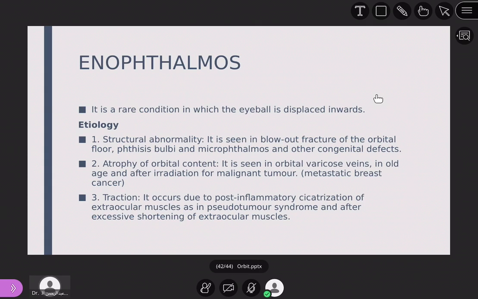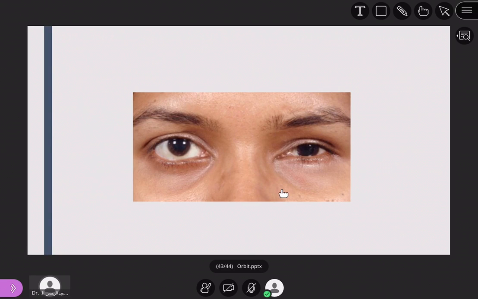We have traction. It occurs due to inflammatory cicatrization of extraocular muscles, as in pseudotumor syndrome, and after excessive shortening of extraocular muscles. So this is enophthalmos, and we'll talk about this in the trauma lecture.